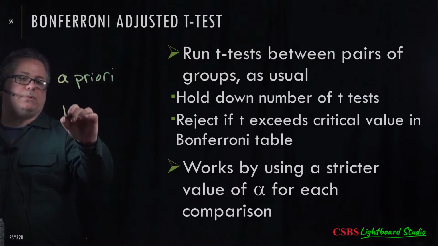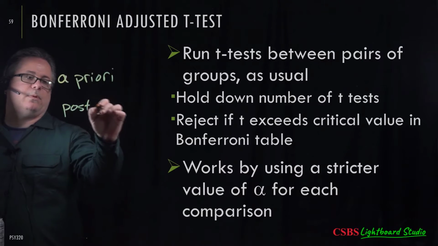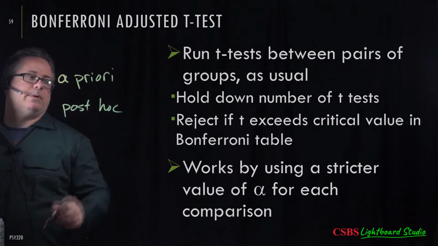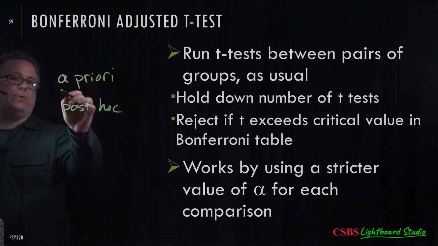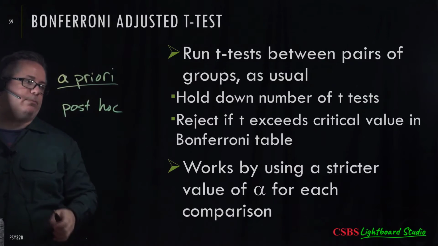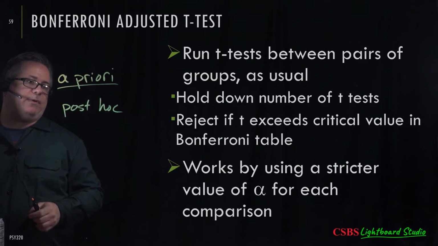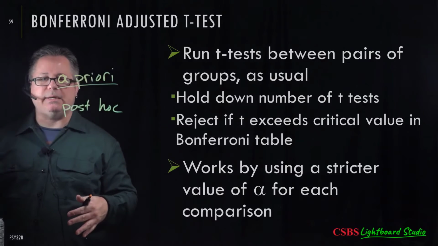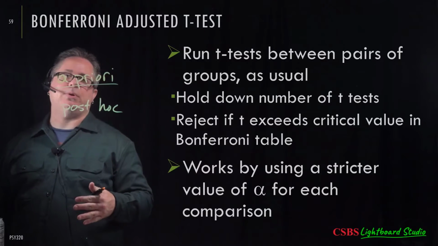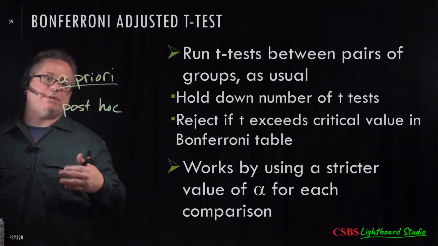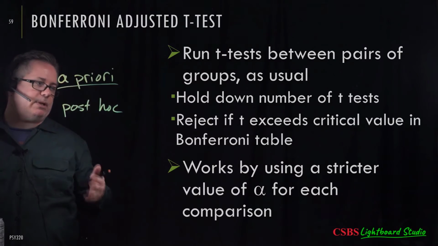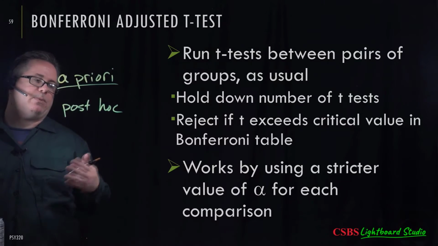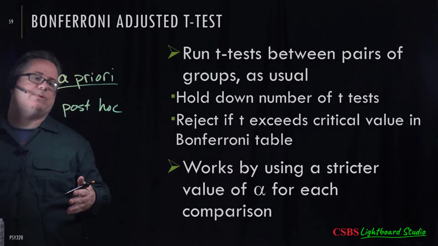The other one is post hoc. So a priori means sort of prior to, right? So if you have hypotheses about group differences and things before you collect data, this is considered an a priori hypothesis. So you can actually test those directly without really any consequence, without any adjustments or any issues.